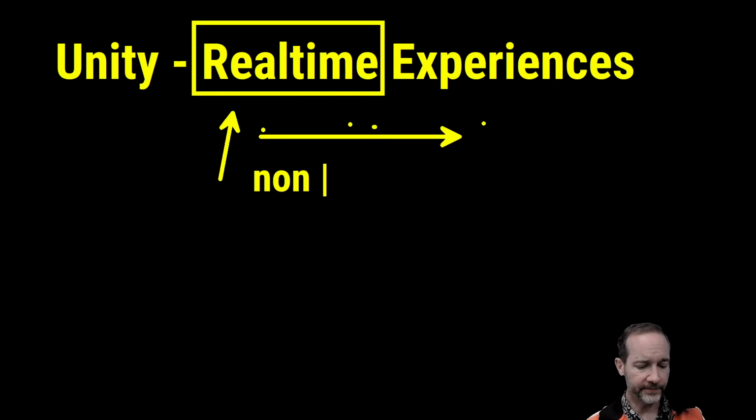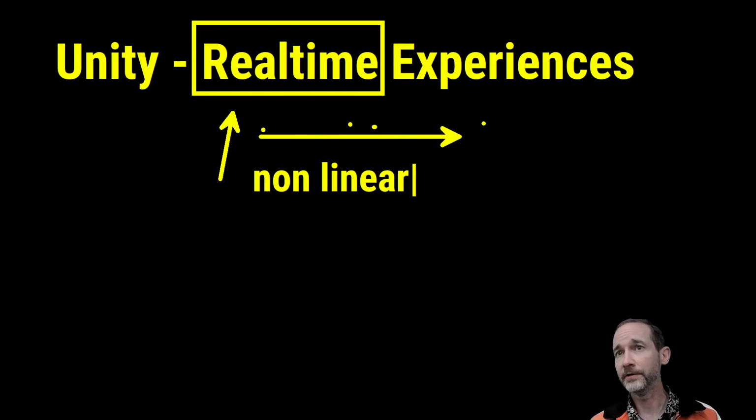Unity is non-linear, right? Video games are non-linear. That's what makes them games. The user is asked to make some kind of decision, and then that affects the way everything plays out in the game to some extent, right? Some games more, some games less, depending on the structure or the type of game, right?